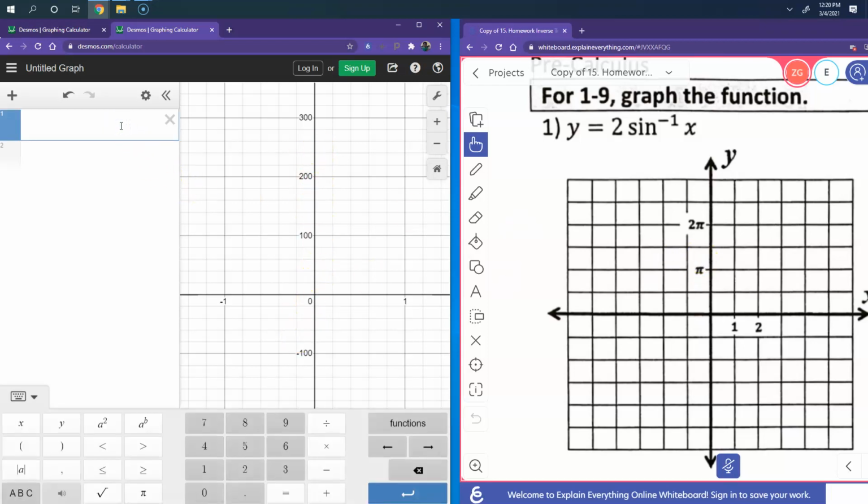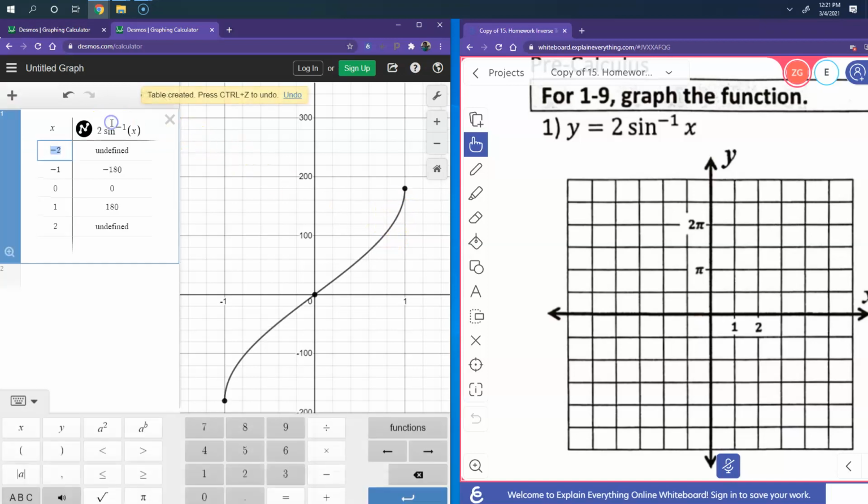I'm going to graph y equals inverse sine of x, and you notice there's a graph, but they want us to graph 2. So you're going to put a 2 here, and you notice it was stretched. That's a vertical stretch.